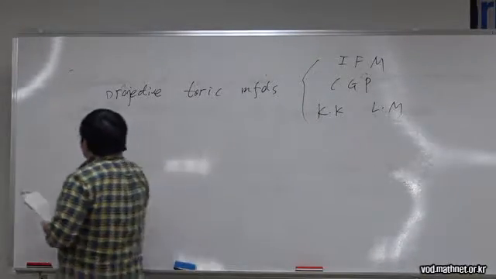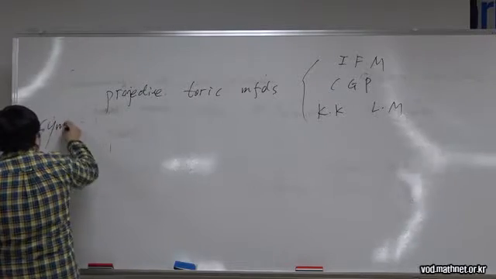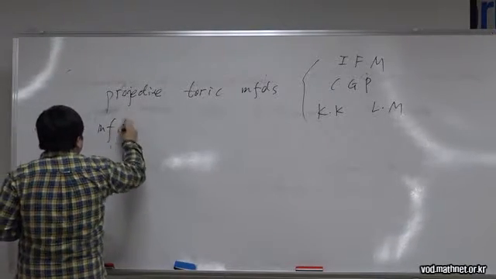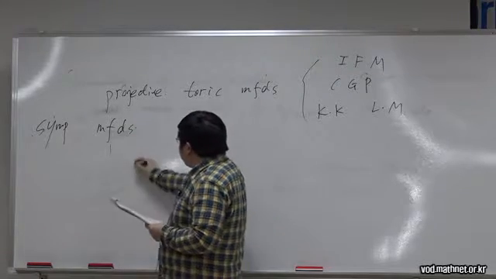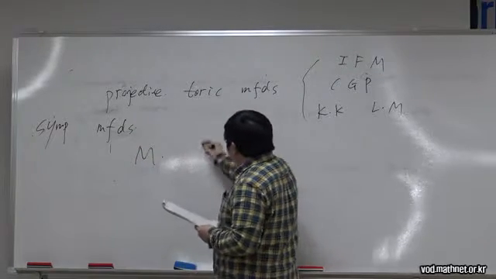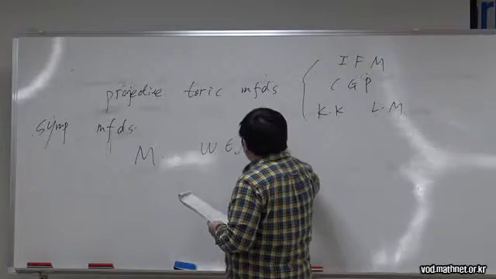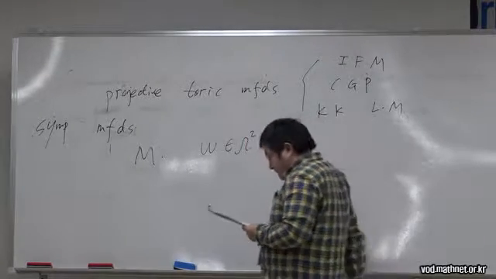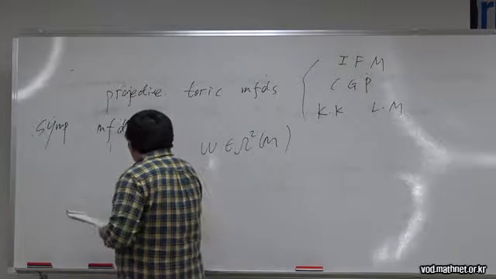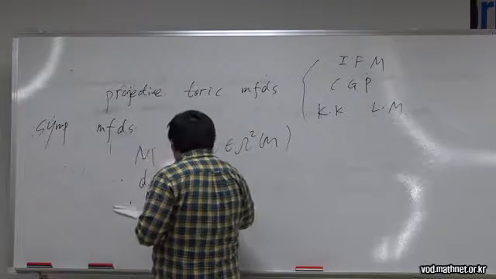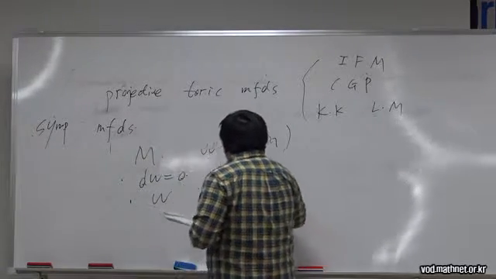First, let's recall the definition of symplectic manifold. That is a smooth manifold with a closed 2-form omega. Moreover, omega is non-degenerate.